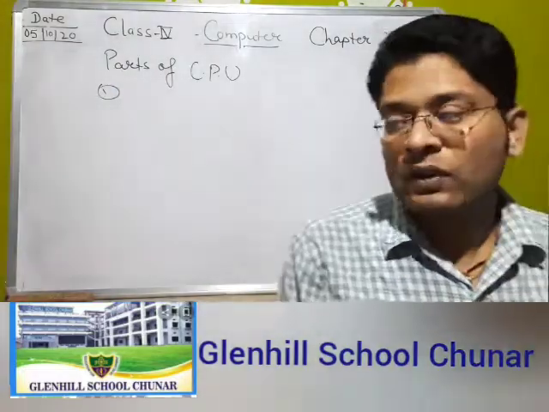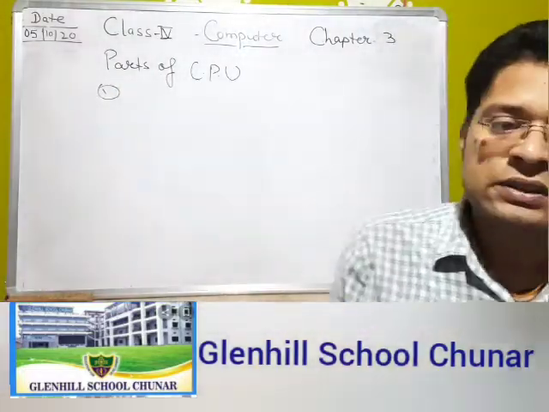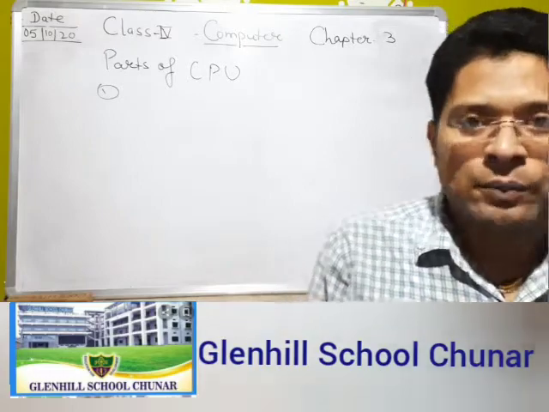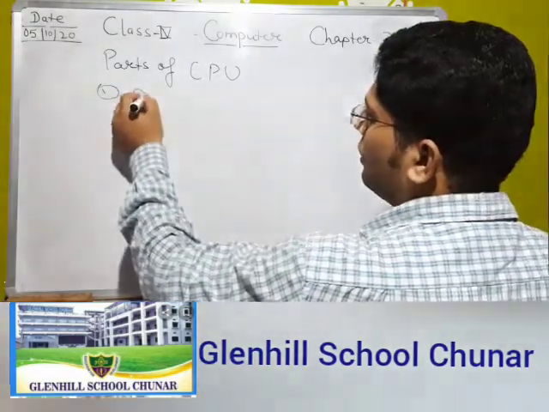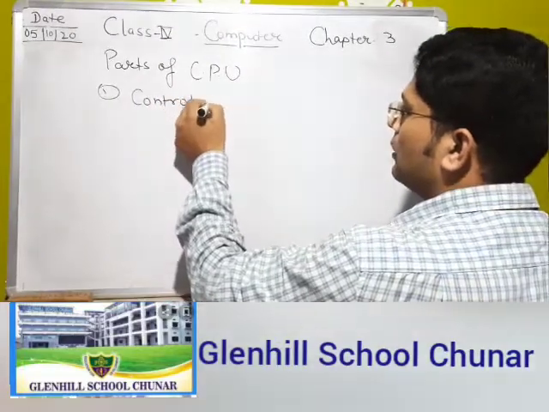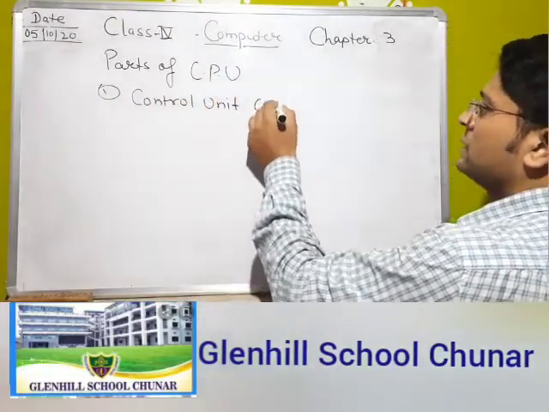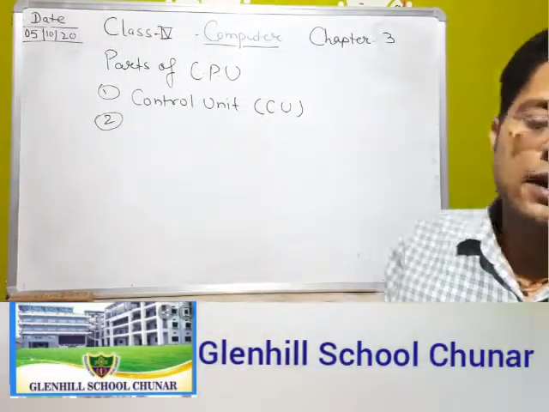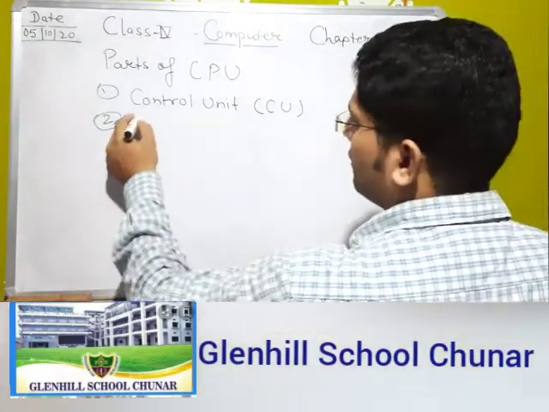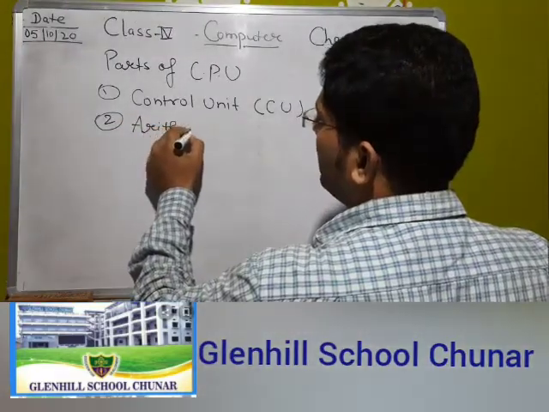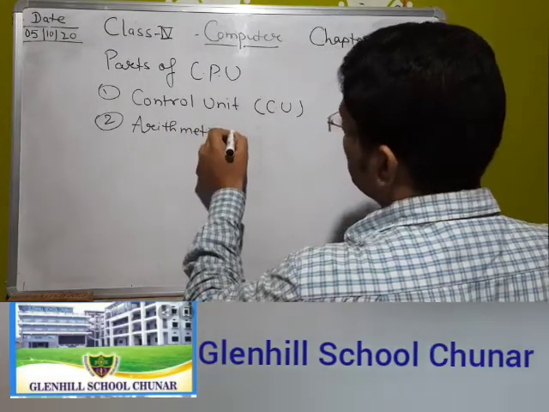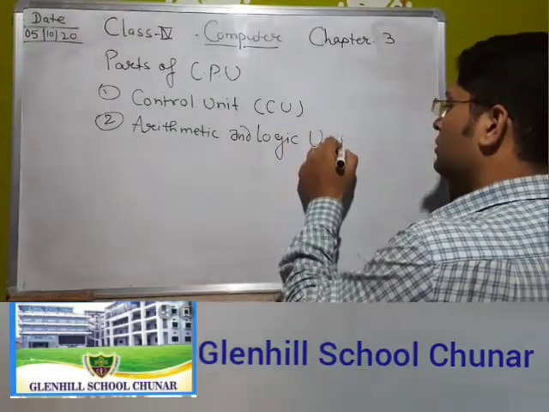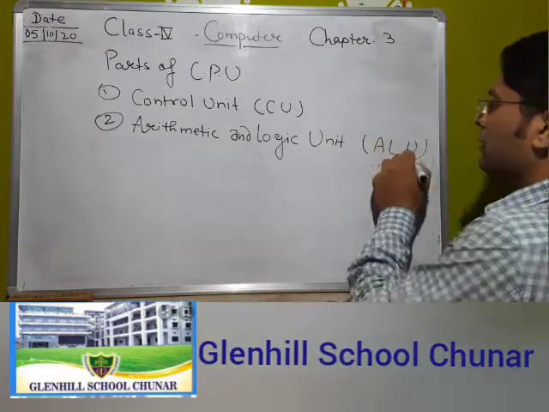There are three components of the CPU that work together to perform different processing operations. First, the CU, control unit. Second, the arithmetic and logic unit, that's called ALU.